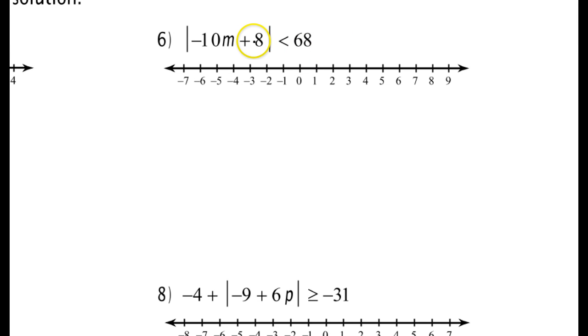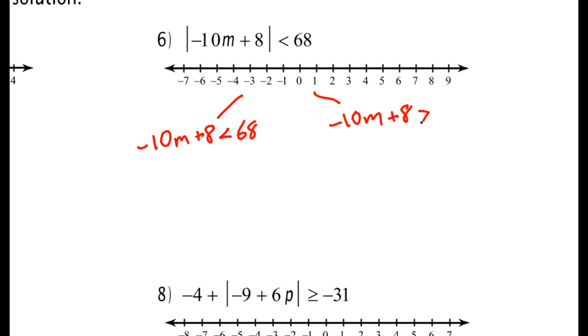What do we get here? Anything different or weird about this? There's no negatives here. So I think we're just going to go to our negative 10m plus 8 is less than 68. Negative 10m plus 8 is greater than negative 68.